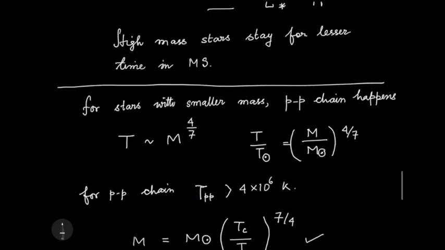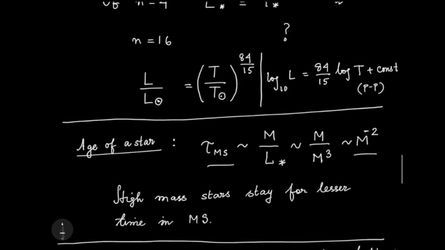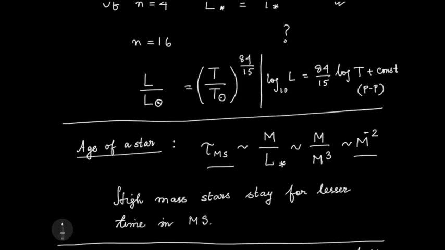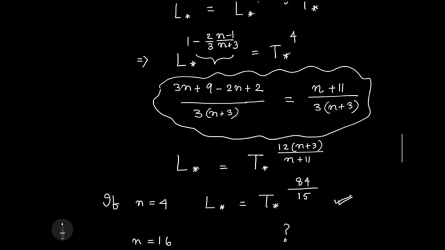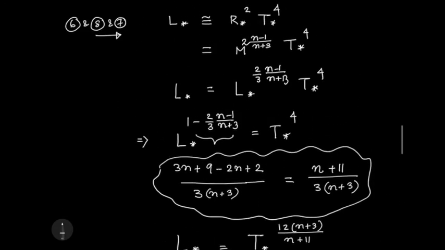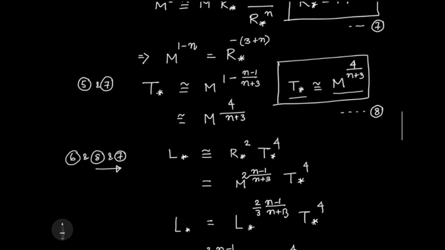It explains why we don't see the high mass stars in the globular cluster HR diagram. It explains the slopes of the HR diagram. It explains the slope of the mass-luminosity diagram. So this is called the theory of main sequence.